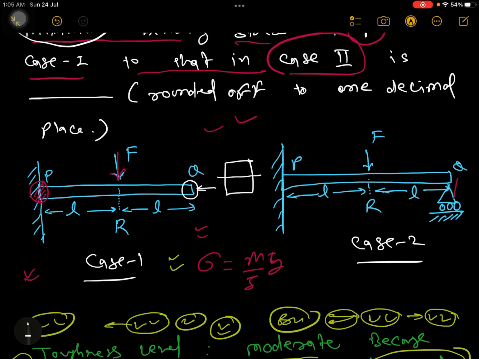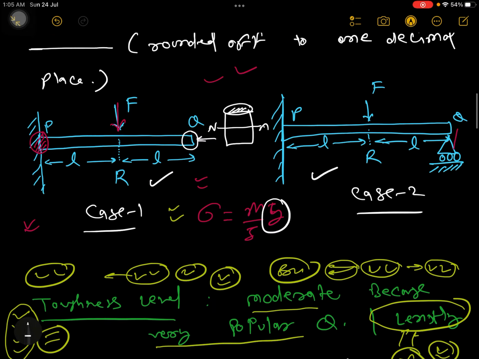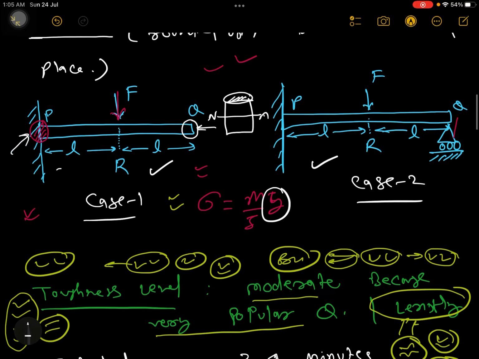So this is your neutral axis. At the top layer only your sigma is going to be maximum. So in this case also and in this case also the y value is constant. In both the cases the y value is the same. So if at point P you have sigma 1, and in this case at point P you have sigma 2, then when you take the ratio of sigma 1 and sigma 2, the y value will get cancelled out.